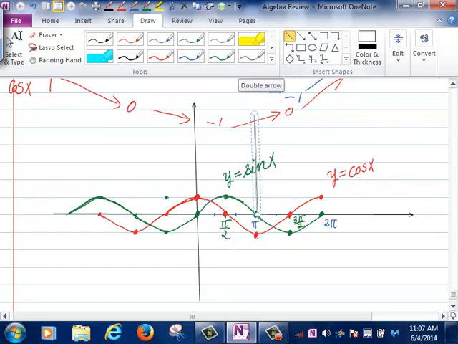So the graph of cosecant will be this blue curve, okay? This blue curve will be the graph of cosecant, right? Because cosecant is 1 over sine, so wherever sine is 0, cosecant will blow up. Okay, so I'll let you draw the graph of cosecant yourself.